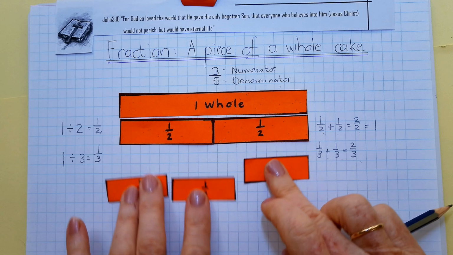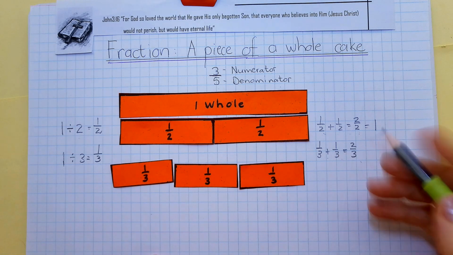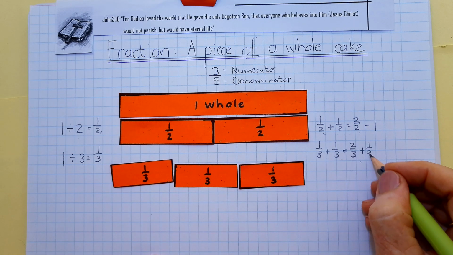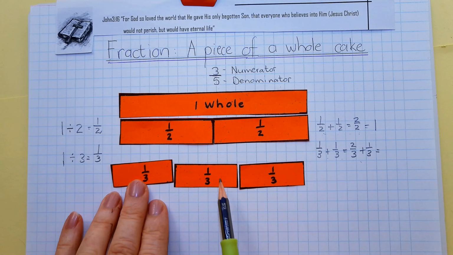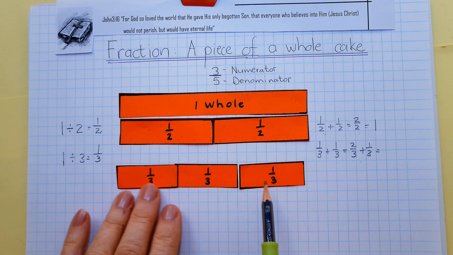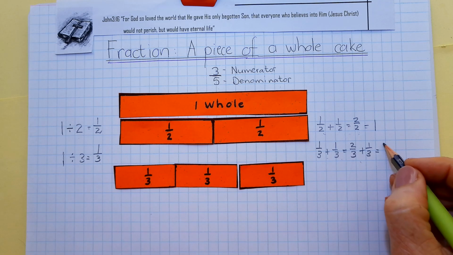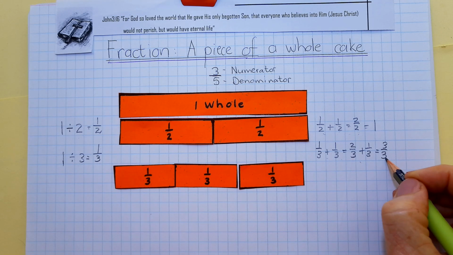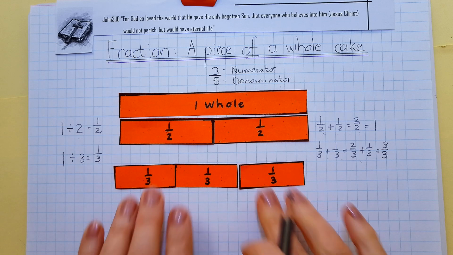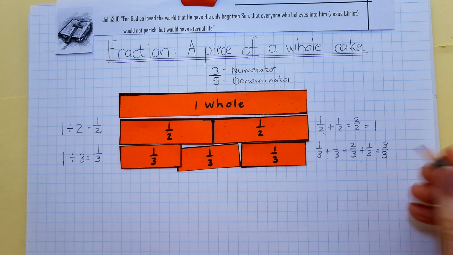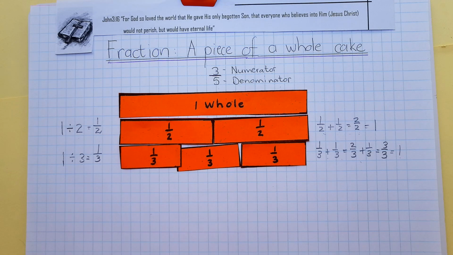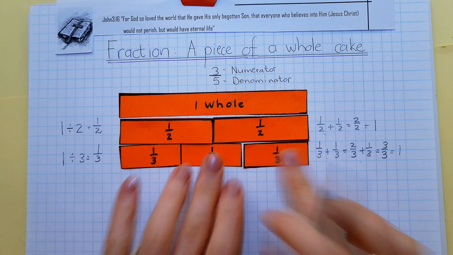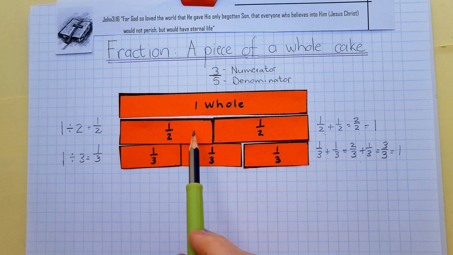Now I add another 1/3, and this 1/3 plus this 1/3 is 2/3, plus another third will give me 3/3, and that equals one whole piece of cake. As you see, the half is bigger than the third.